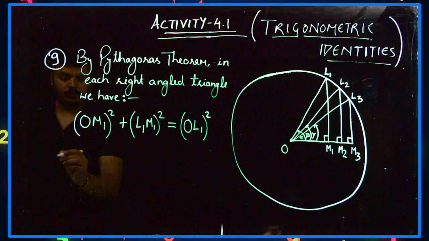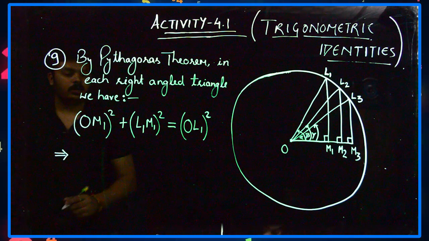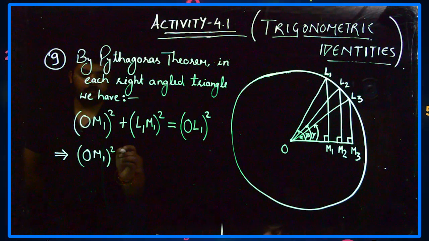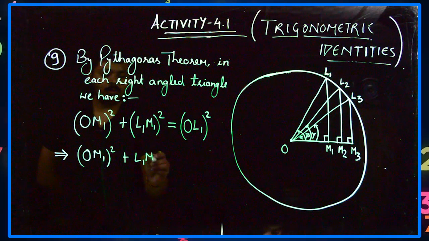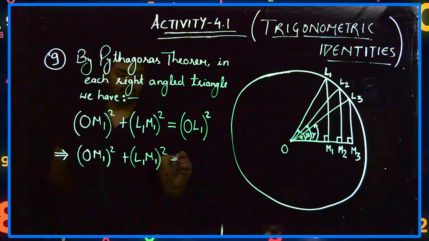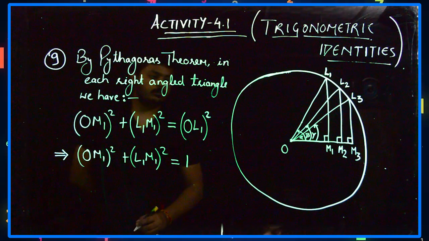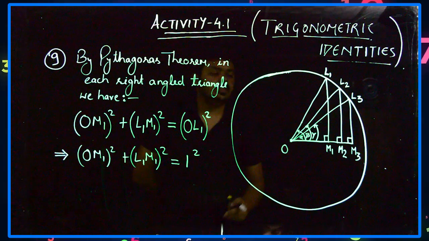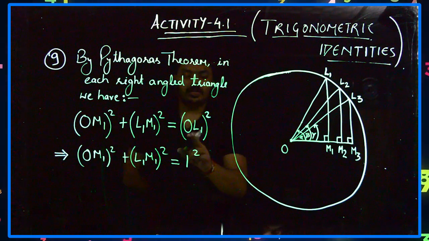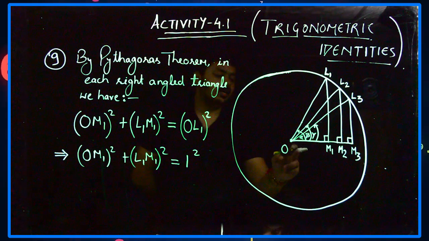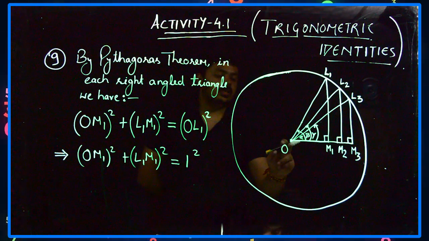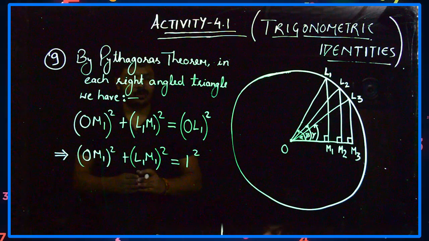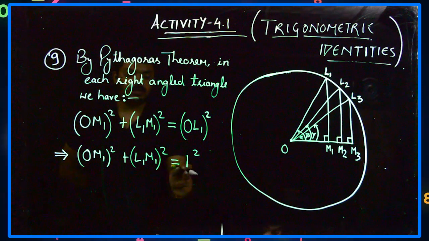Therefore OM1 square plus L1 M1 square is equal to 1 square, because OL1, the hypotenuse of this right angle triangle OL1M1, is also the radius of the circle that we have taken, equal to 1 unit. So therefore we are putting 1 here.